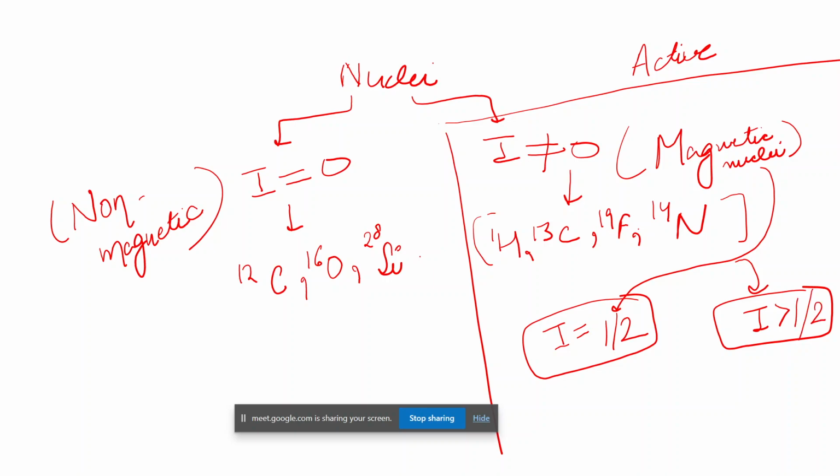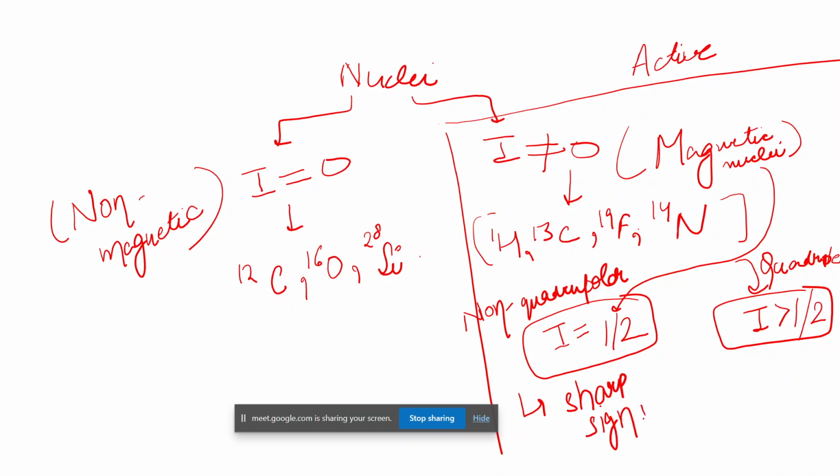The nuclei with spin number half are called non-quadrupolar nuclei, and those with greater than half are quadrupolar, or ellipsoid, nuclei. The difference is that non-quadrupolar nuclei give a sharp signal, while quadrupolar nuclei give a very broad signal.